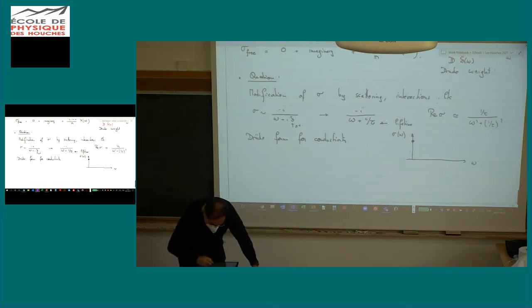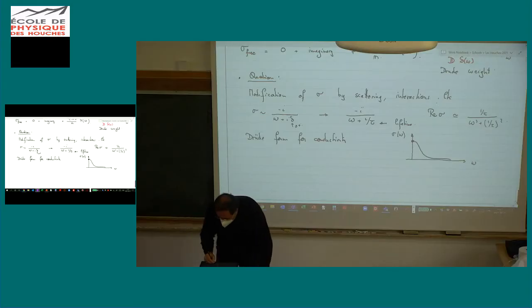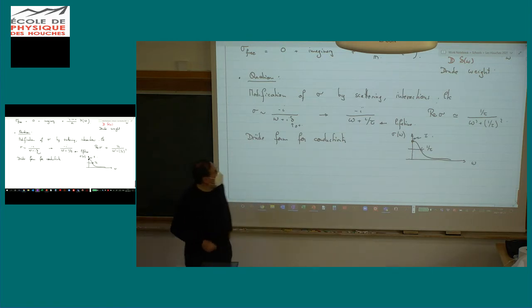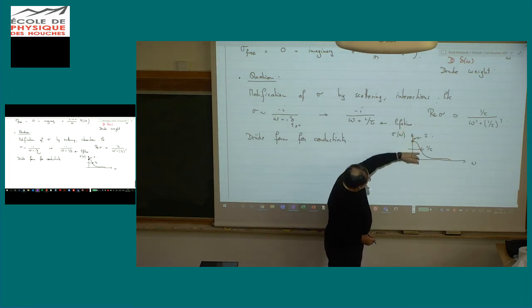And then it will be broadened and extend like this with a width which is essentially 1 over tau. And this height here is tau. So if the lifetime is infinite, then the conductivity reduces to a delta function. I might have forgotten a factor pi or whatever. And if you have a finite lifetime, then it's broadened.